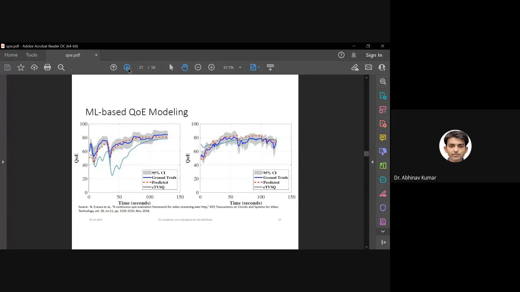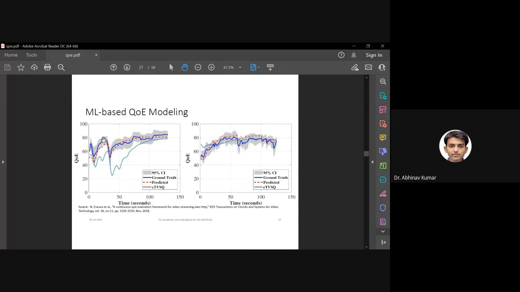You can also compare with the actual ground truth, because we have that available as part of the database: the blue line is the ground truth, and the predicted one is the red line from SVR-QoE. We are also plotting the 95% confidence interval. As you see here, ETVSQ is also there. It is not capturing it well, but in terms of trends, the interesting part is that although it's a model based on pure intuition, it still works reasonably well.